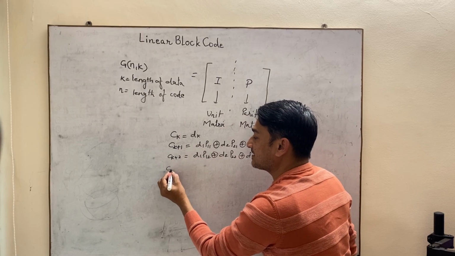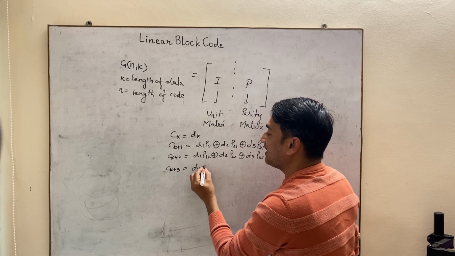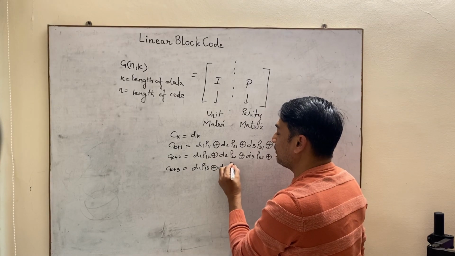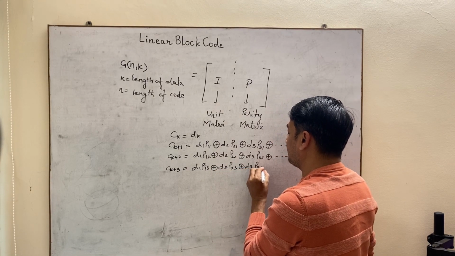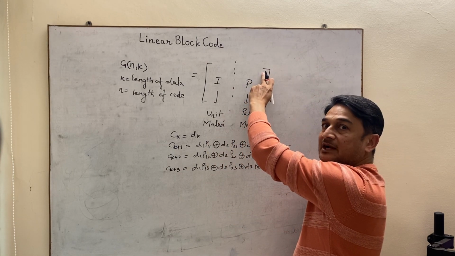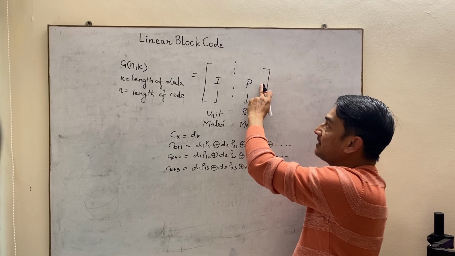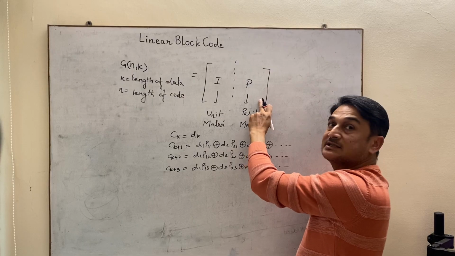Similarly, the C6 bit will be C(k+3), and it can be calculated using d1 into p13 XOR d2 into p23 XOR d3 into p33, and so on. p13 means first row third column, p23 second row third column, p33 third row third column.